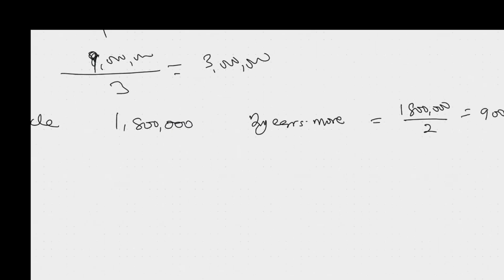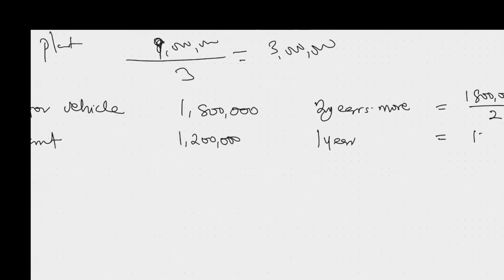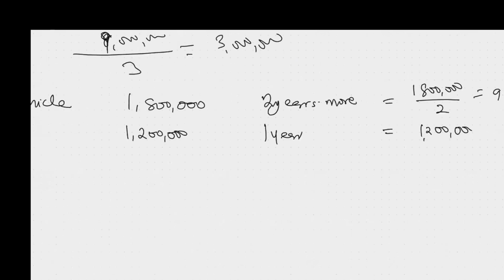The next one is plant, 1.2 million. They told us 1 year gone. How many years will be left for that plant? So is it 4 years?